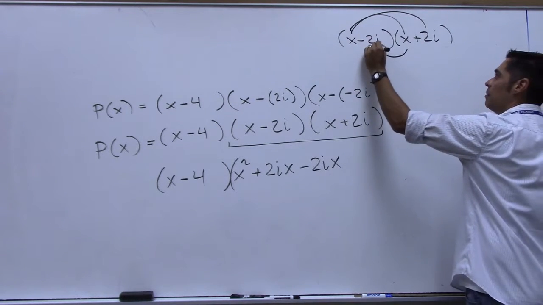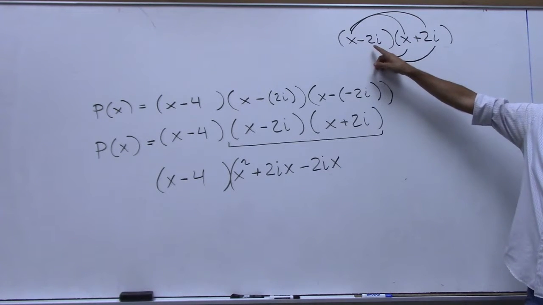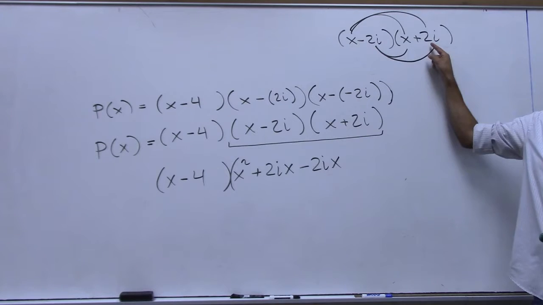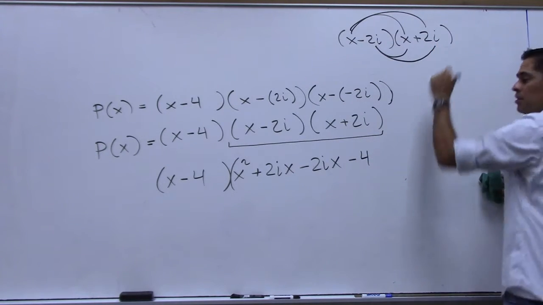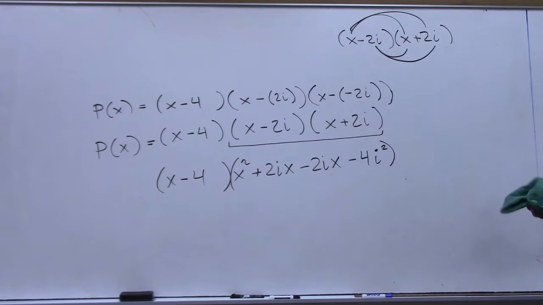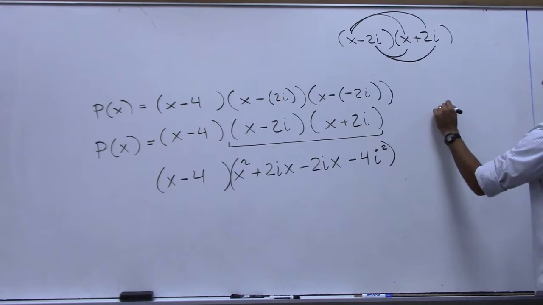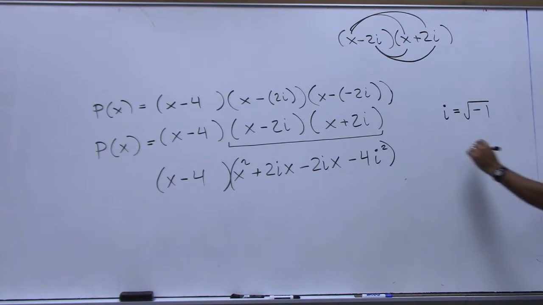And now the last one, be extremely careful with this one. Negative 2 times negative 2, negative 4. And then I times I, which is I squared, which is negative 1. Why is it negative 1? Just the rule. So if we have this definition right here, that I is the square root of negative 1, then what happens if you square it?